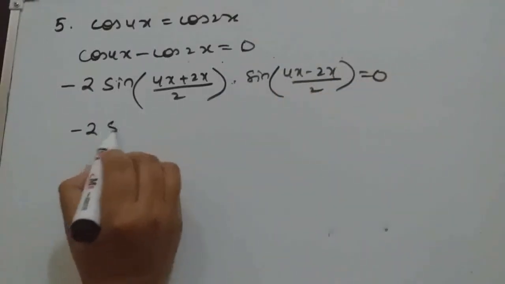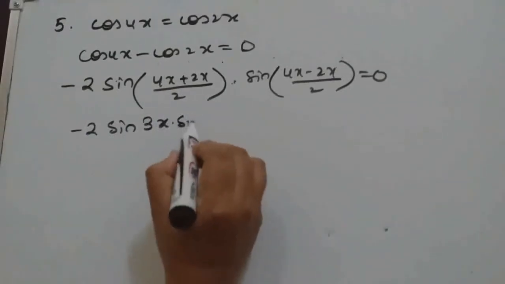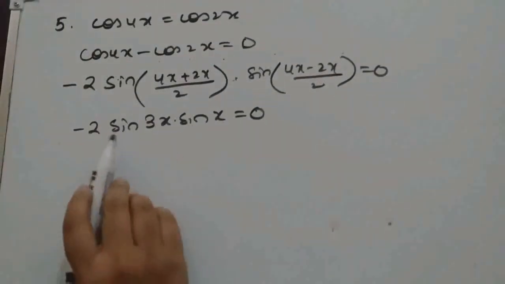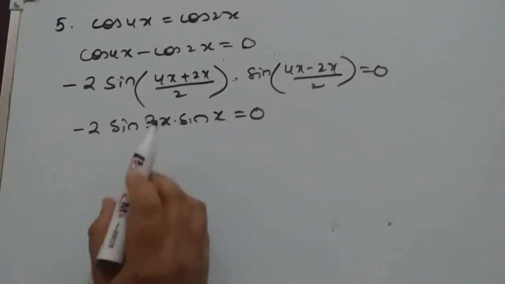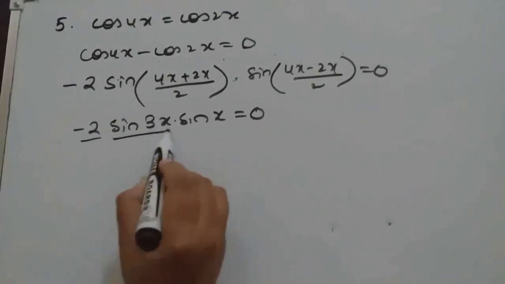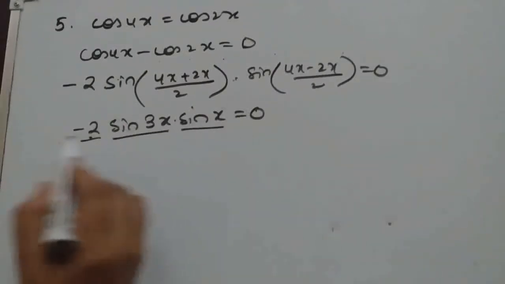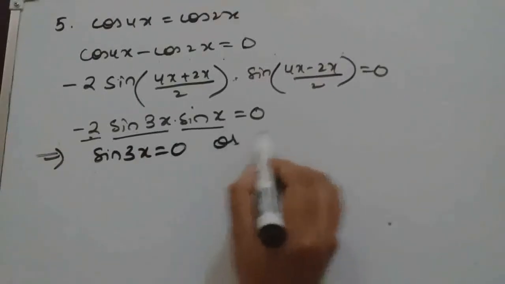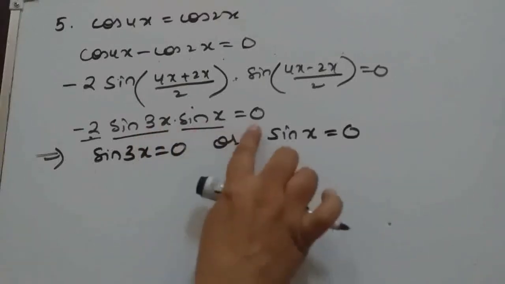So minus 2 sin 6x by 2 means 3x, and here 2x by 2 means x, equal to 0. Now if product of 3 expressions is equal to 0, this can be 0 or this can be 0 or this can be 0, isn't it? But minus 2 is not equal to 0, that means sin 3x equal to 0 or sin x equal to 0. Any one of these two terms is 0, that's why product is 0.